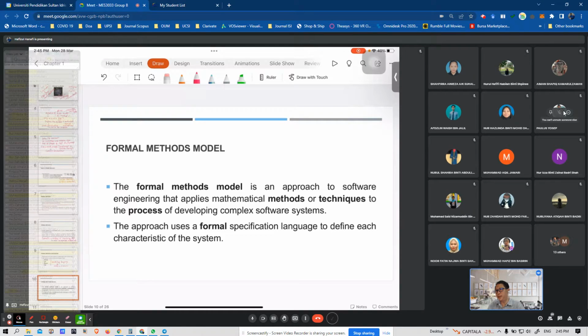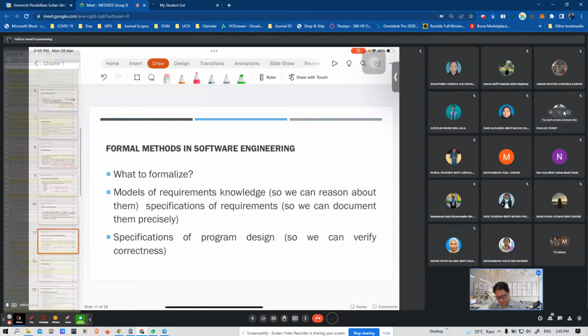We use a much more formal specification language, especially to model and to divide the complex system into smaller modules. This is to ease the software engineer and also the software developer to check whether the system behavior is correct or not. Okay, formal method in software engineering.